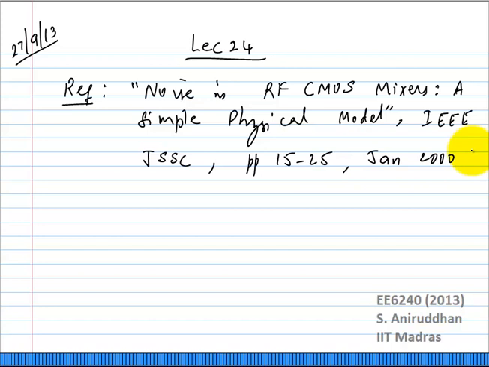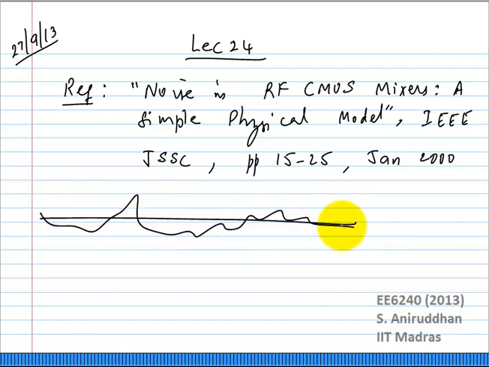So the idea is the analysis is similar but slightly different from what we did for the flicker noise. So let us say this is the voltage noise Vn as a function of time.